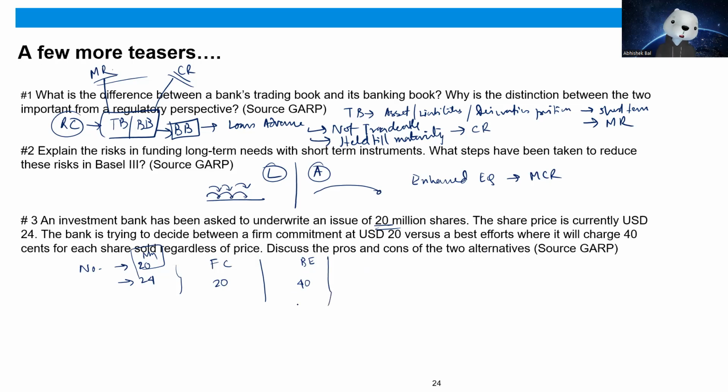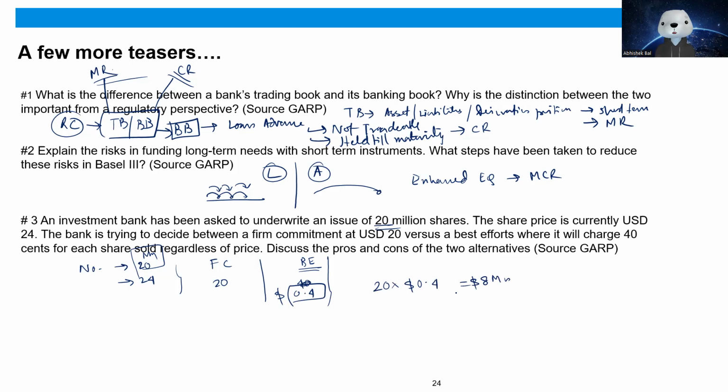Well, let's first decide the best effort basis. In this best effort basis, the bank is going to charge $0.4 for every share that is sold. So in other words, the bank is going to get 20 million shares into 0.4, which translates into $8 million of revenue.